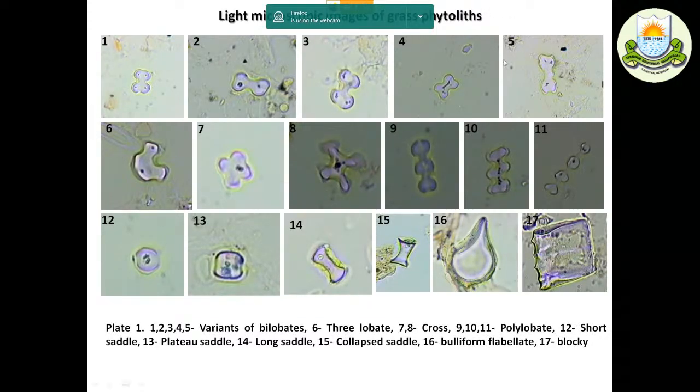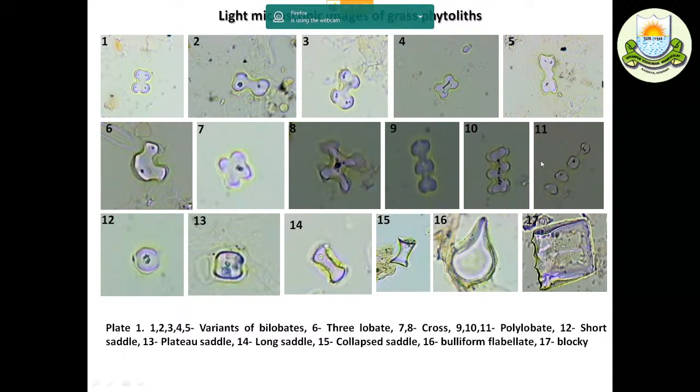Now, these are light microscopic photographs of some phytoliths. These are mostly grass phytoliths, and I will show you how these are important. Just look at these dumbbell-shaped phytoliths. These are all bilobates. These are trilobates, these are quadrilobates or crosses, these are polylobates.